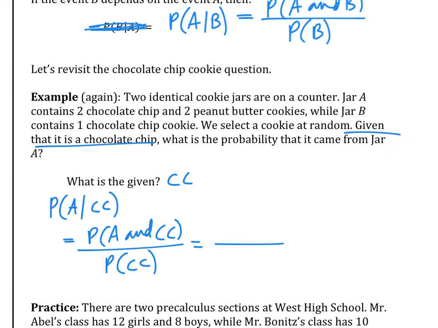Looking at the tree diagram from yesterday, the probability that it is jar A and chocolate chip is 25%, divided by the probability that it is just a chocolate chip cookie, which we said yesterday was 75%. So this turns out to be 1/3, which is about 33%.